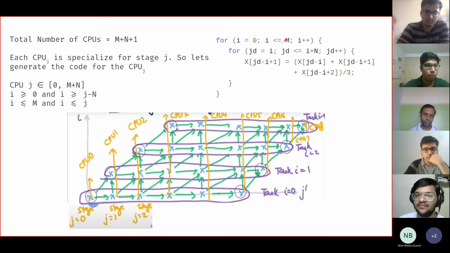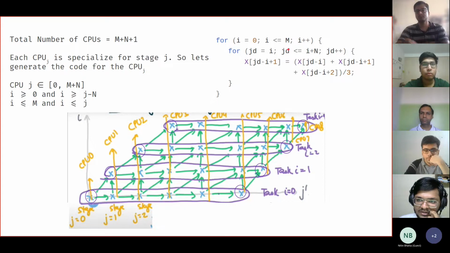If you look at this loop, jd starts from i and increases. So i is less than or equal to j, and because the upper bound on jd is i plus n, moving the n over gives i greater than or equal to j minus n.